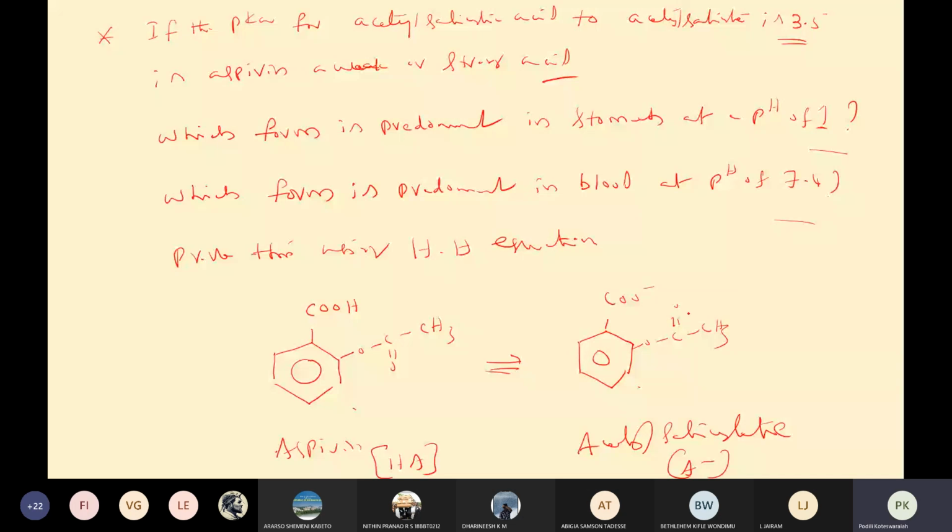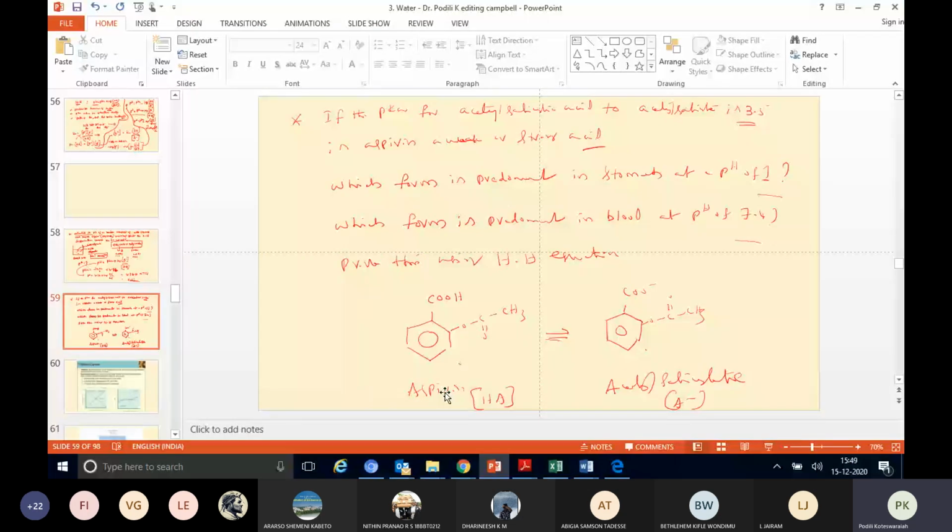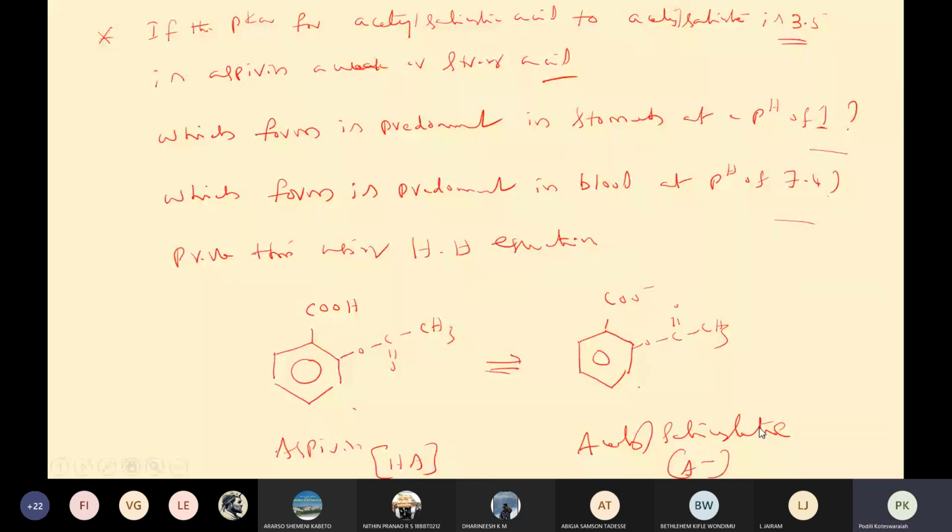For this, you need to prove using the HH equation. The pKa is already given as 3.5.